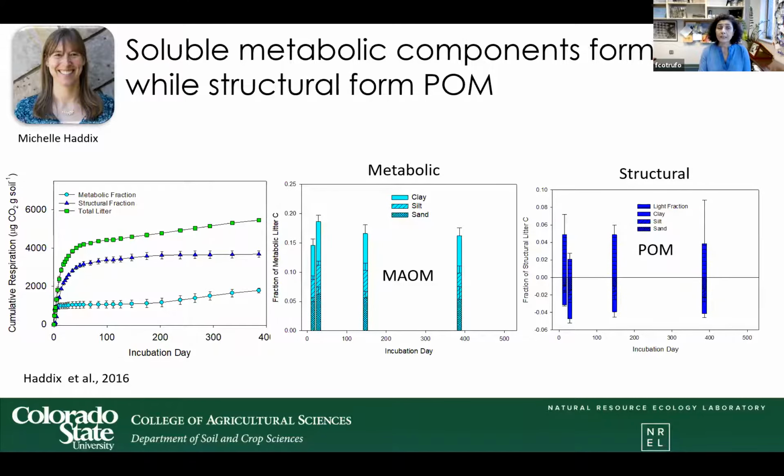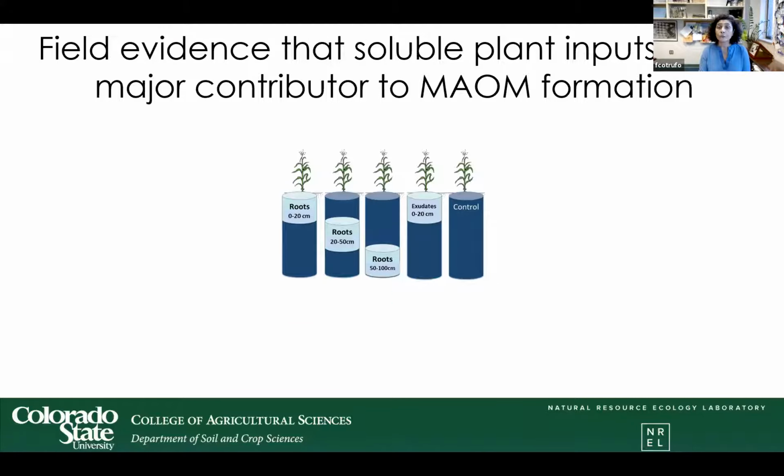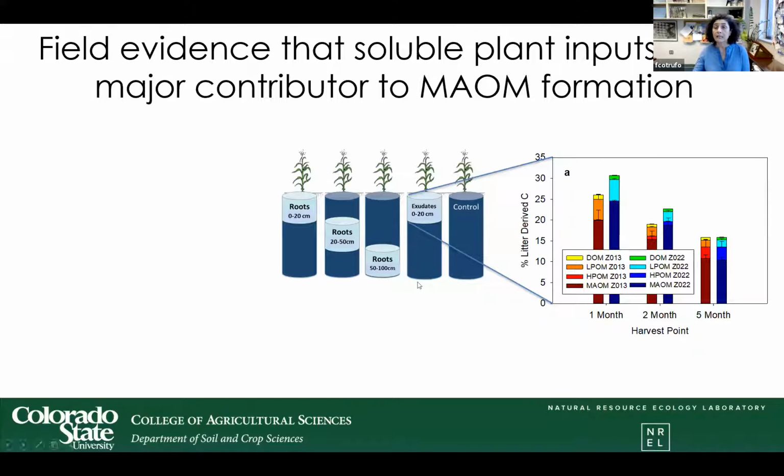And we are finding confirmation of that over and over. Now we have an experiment ongoing at RDEC where we incubated exudates and root structures from 2 different corn varieties. And the exudates are actually mostly contributing to the mineral-associated organic matter.